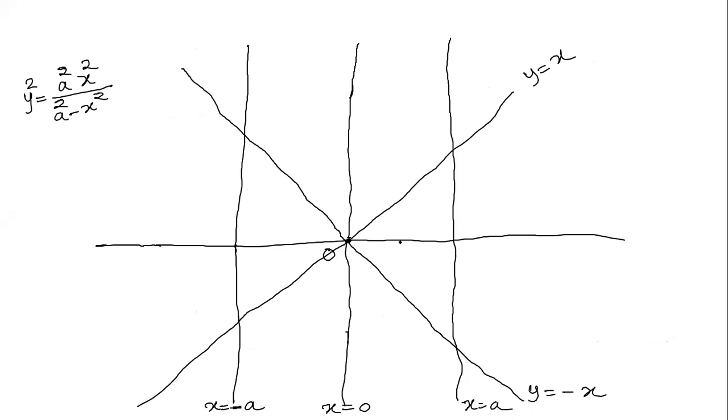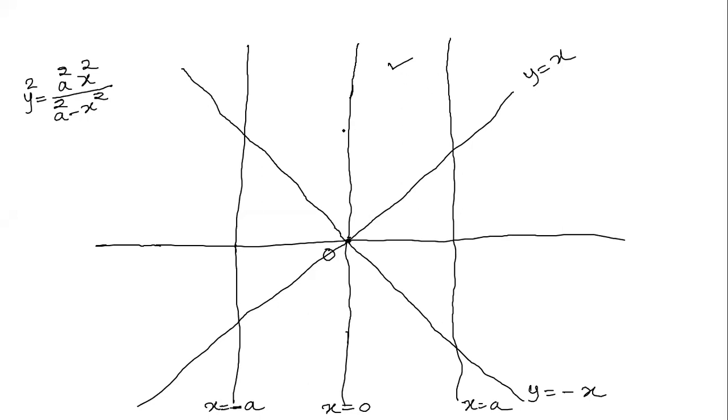Now let us put x equal to a by 2 here. So a square into a by 2 whole square is positive. A square minus a by 2 whole square is positive. Positive upon positive is positive. Y square is positive. There are two values of y throughout, and thus the curve exists in the region between x equal to 0 and x equal to a.